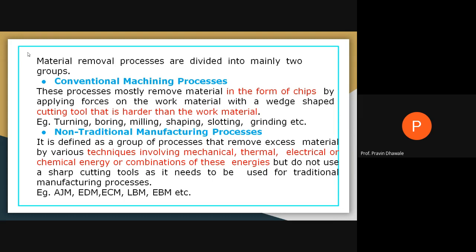Now, the second part of material removal processes is the non-conventional machining process, which may also be called a non-traditional machining process, advanced manufacturing process, or advanced machining process. What is that?